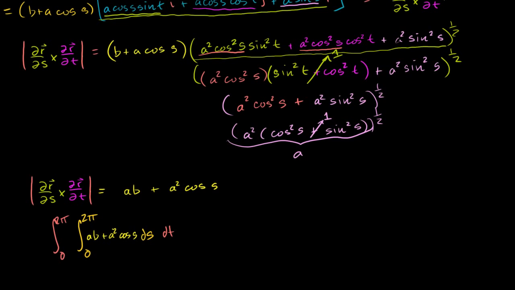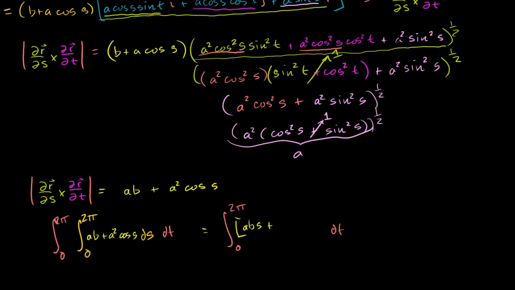And what is this equal to? Well, we just take the antiderivative of the inside with respect to s. So let me do the outside of our integral. We're still going to have to deal with the 0 to 2 pi and our dt right here. The antiderivative with respect to s is going to be, ab is just a constant, so abs plus, what's the antiderivative of cosine of s?